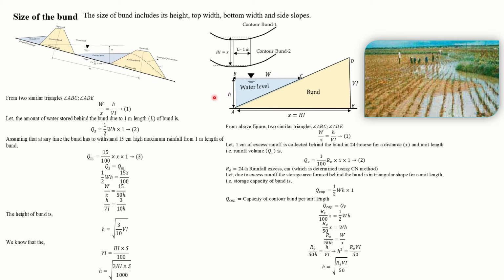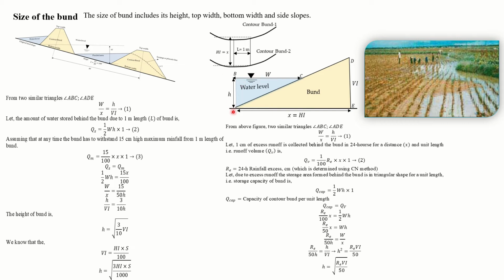Whatever the portion of the bund, this is the bund side slope, and this is the water level and height. Can I say this is height h, and this is the water level w, and this is the side slope. Can I assume this is the actual height of the bund, that is d to e.